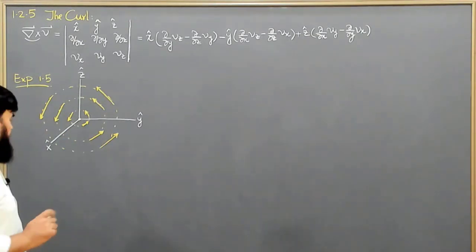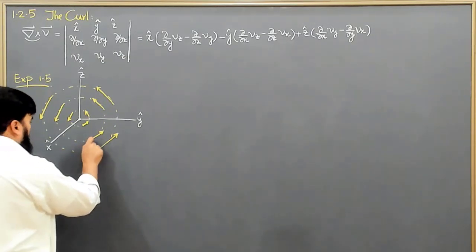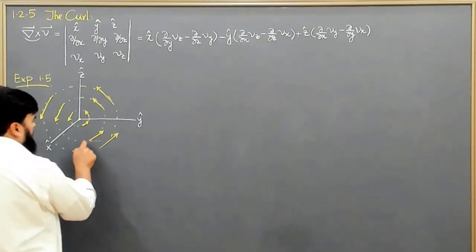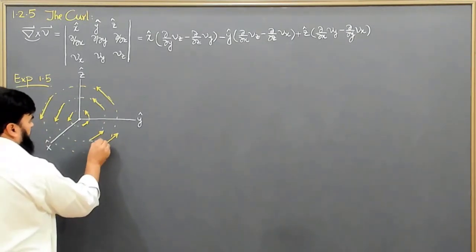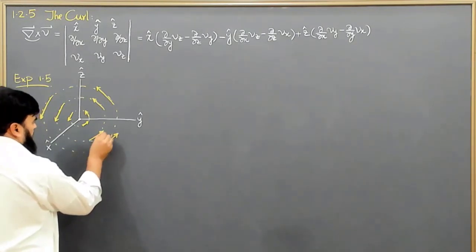If I take any vector here, for example this one, it is in the xy plane, so it will have a y component which is parallel to the y-axis, and an x component which is parallel to the x-axis.